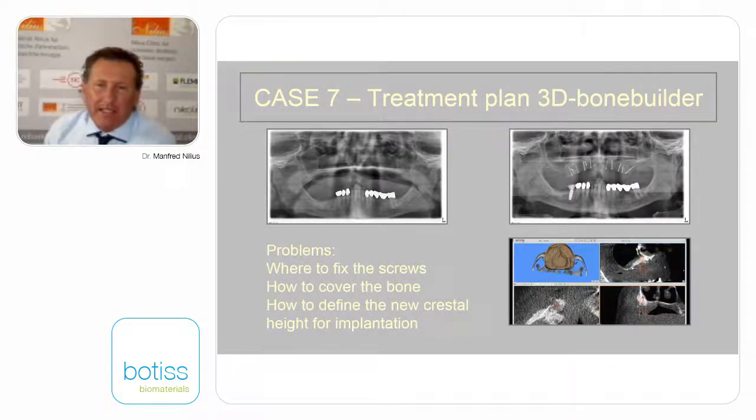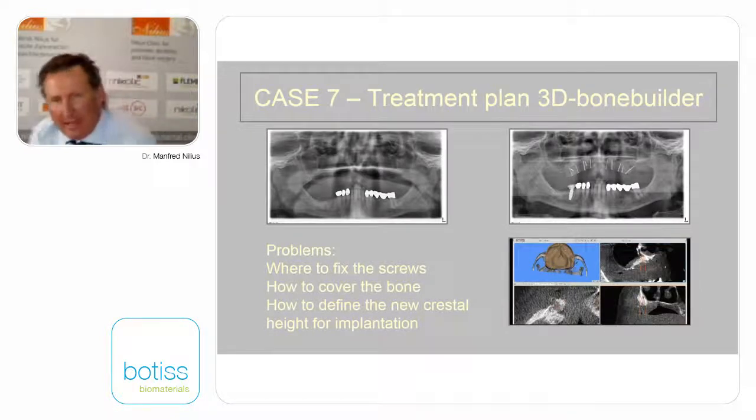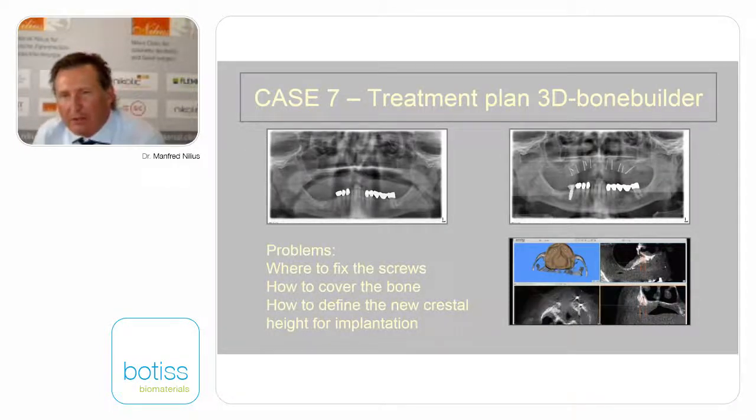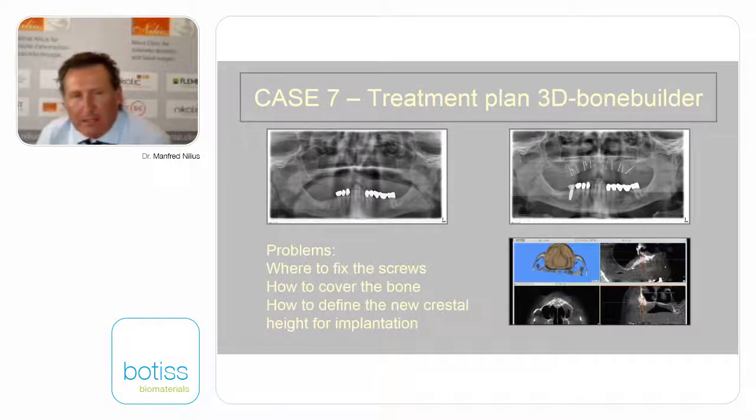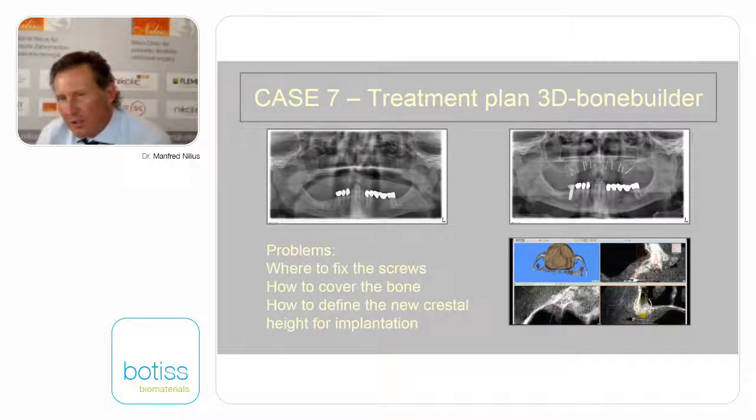Every one of these cases had to be planned. And the planning tool is based on the bone. Sometimes the bone is not mineralized, so you cannot find out the right dimensions of the crestal height for implantation. And this is a very big problem because you cannot make a differentiation in soft tissue, hard tissue.